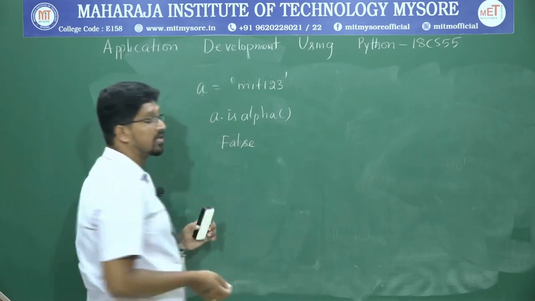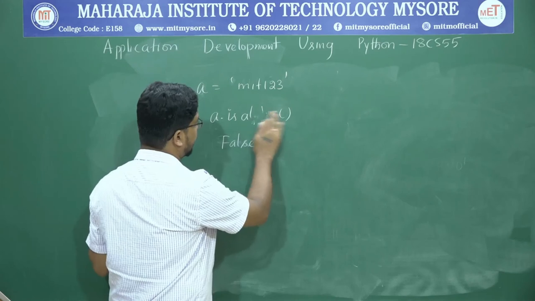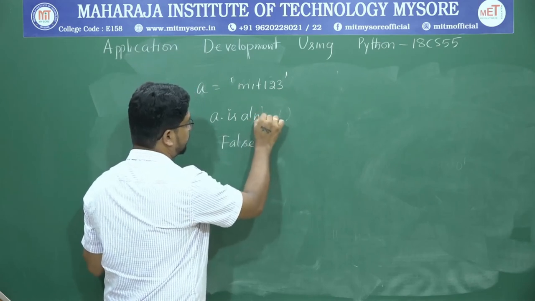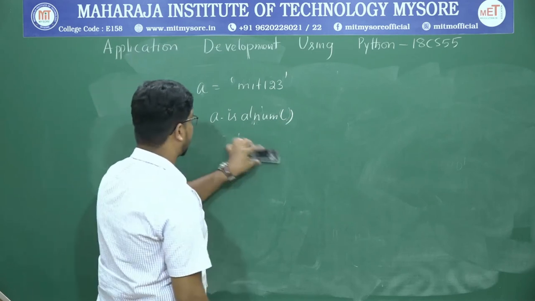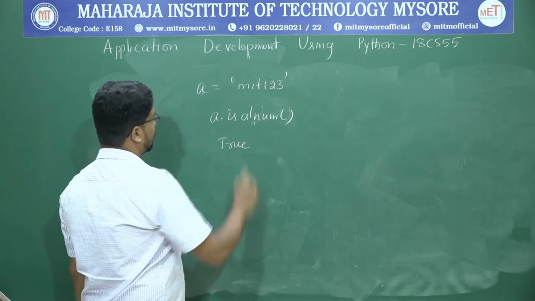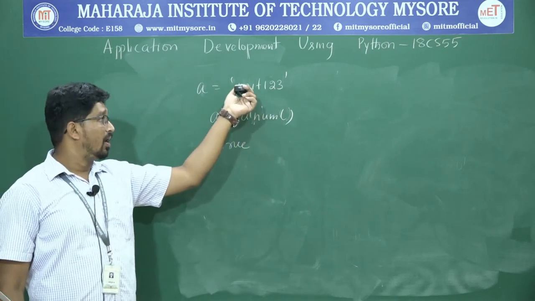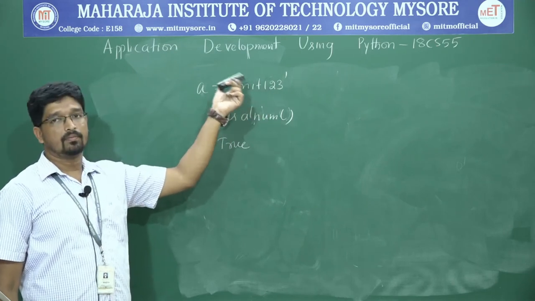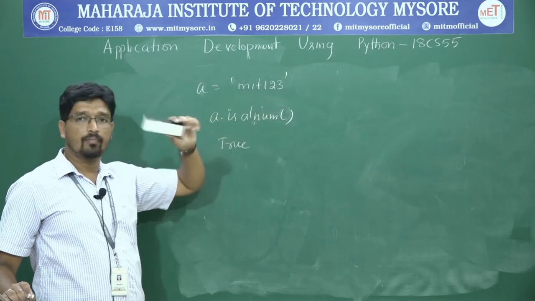Okay, if you want to check whether the string is alpha numeric, then you can use is alpha numeric. Then you will get the result as true because this consists of alpha numeric characters. It is either alphabets or numerics or both.